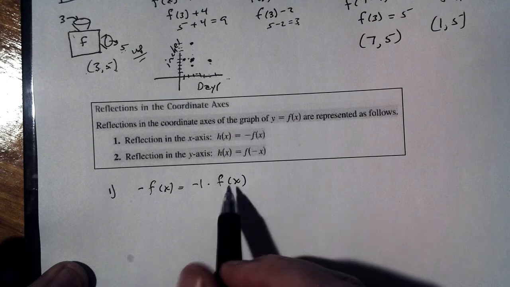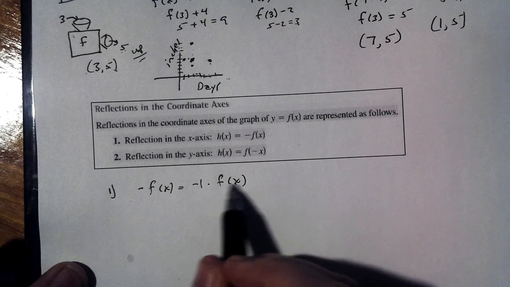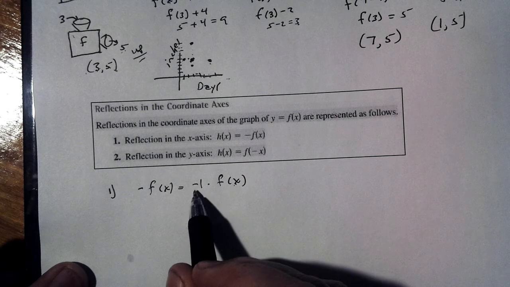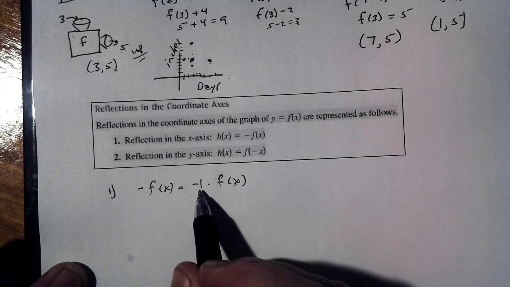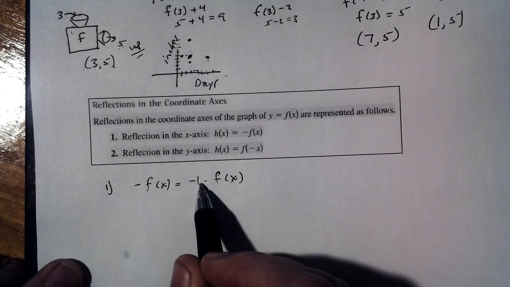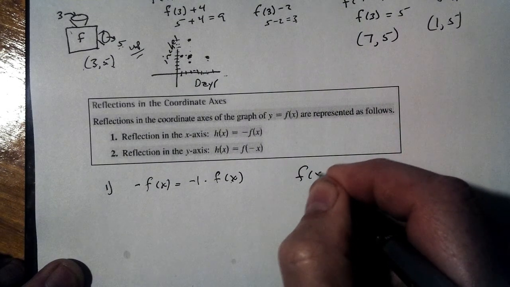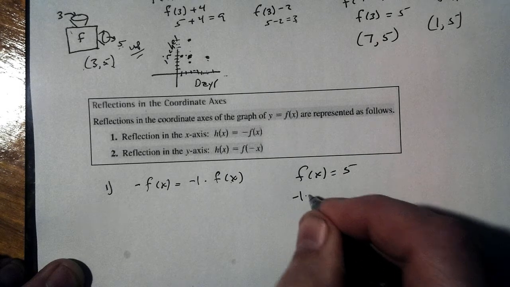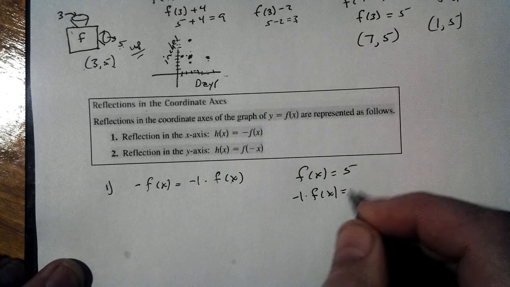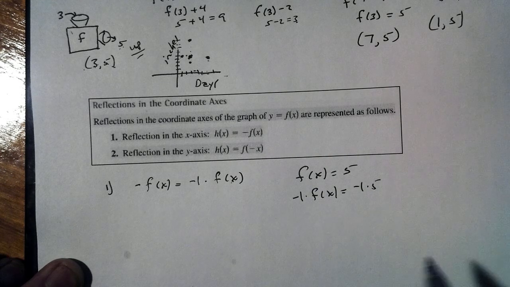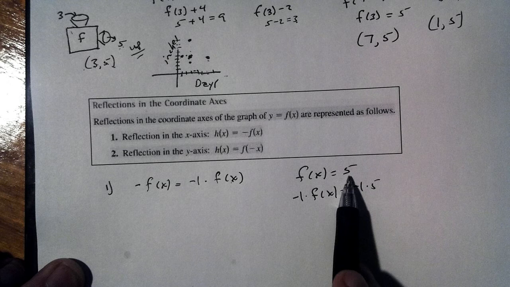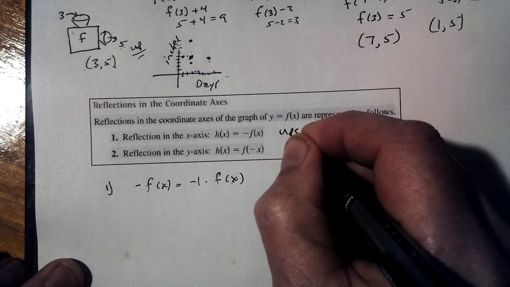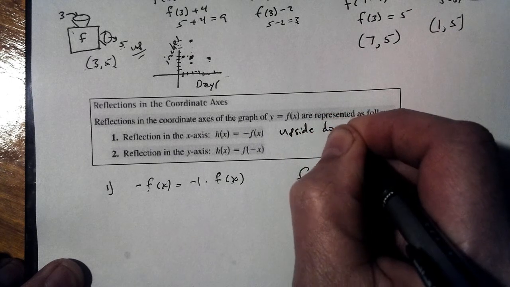In this case, we put in a left-right, f turns it into a y, a height, and then we multiply the height by negative 1. So if f of x is 5, then negative 1 times f of x is negative 1 times 5. Oh, it just makes the graph, what used to be up 5 now becomes down 5. This makes the graph upside down.